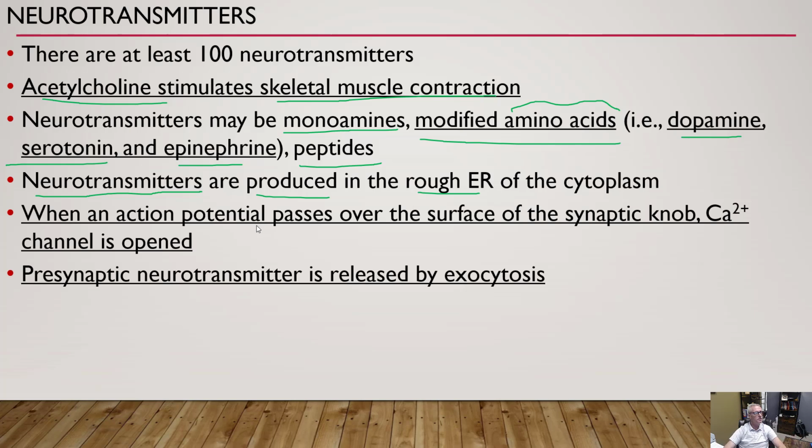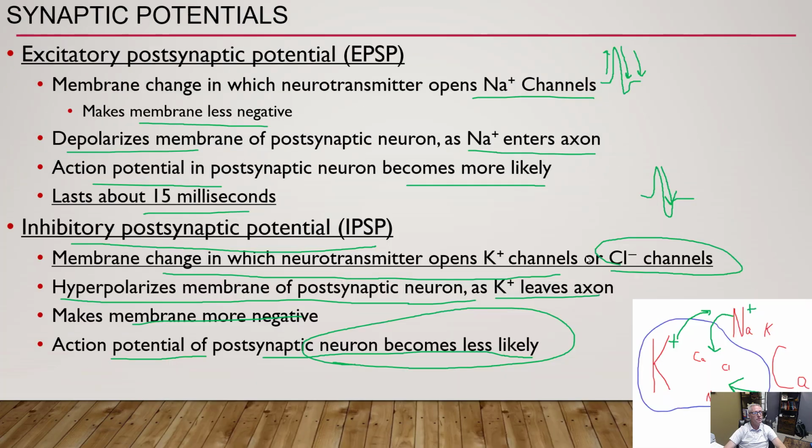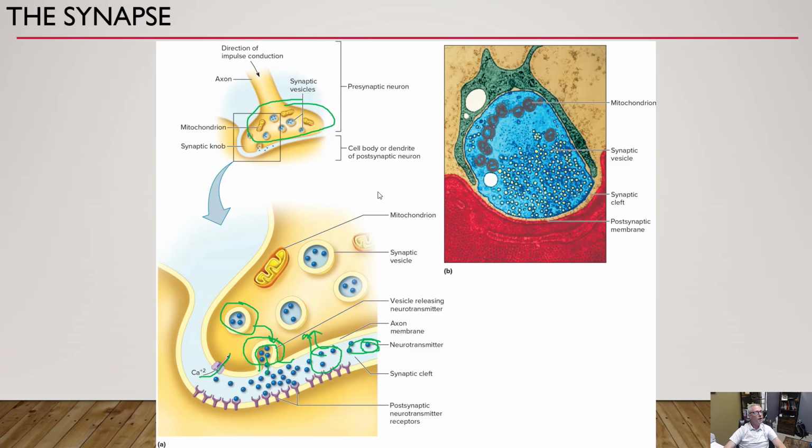Protein synthesis. When an action potential passes over the surface of the synaptic knob, calcium channels are open. Calcium has to be present in order for those neurotransmitters to be released.